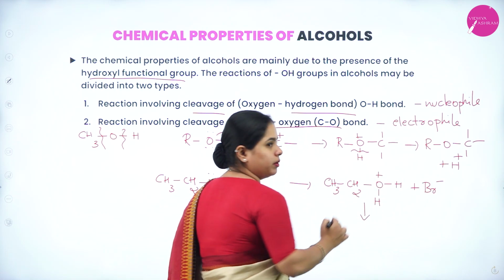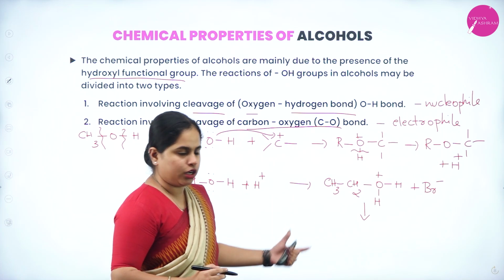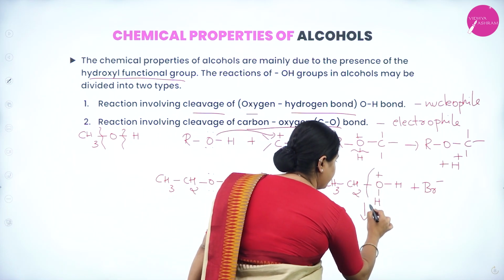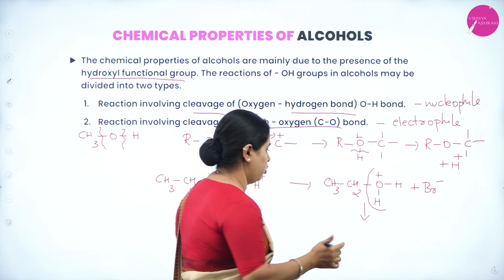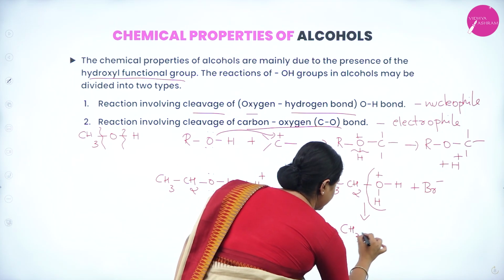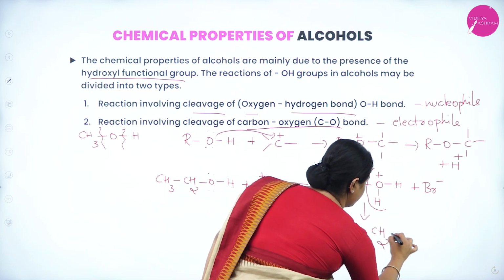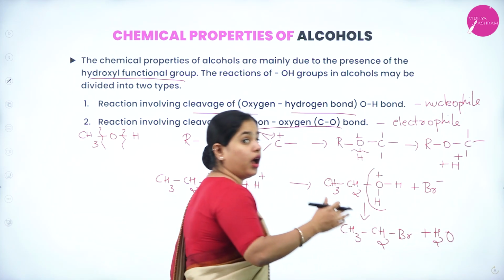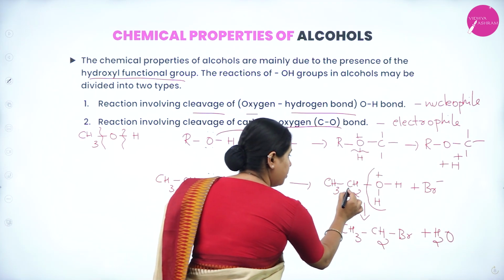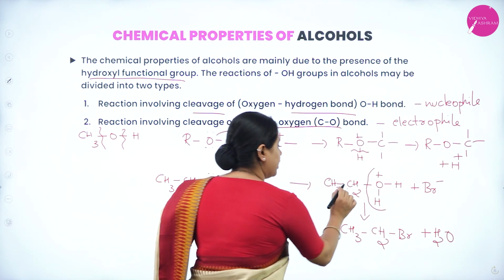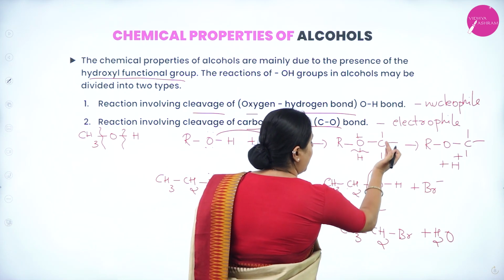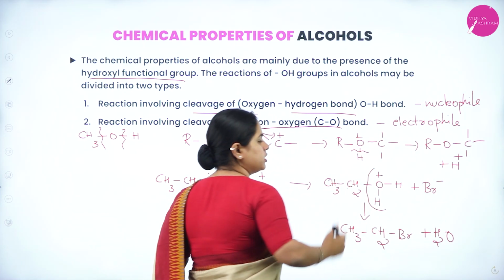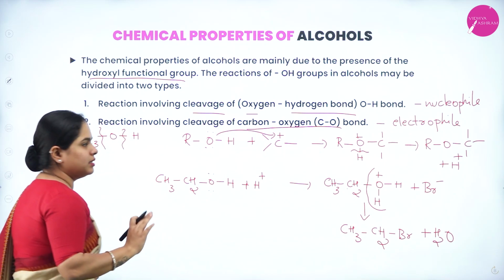This Br minus will be taken up by the alcohol, and water will be removed from here. So what you are going to get is CH3CH2Br plus H2O. Water will be released. What you can observe here is that the carbon-oxygen bond is broken, water is being removed, and the bromine is being attached. I hope this is clear to you.